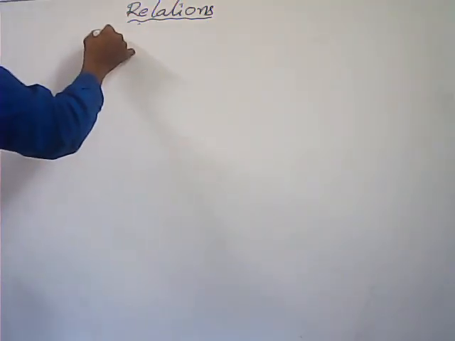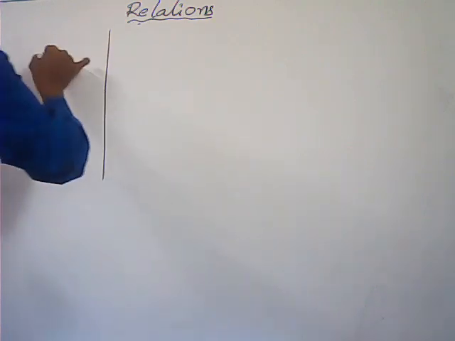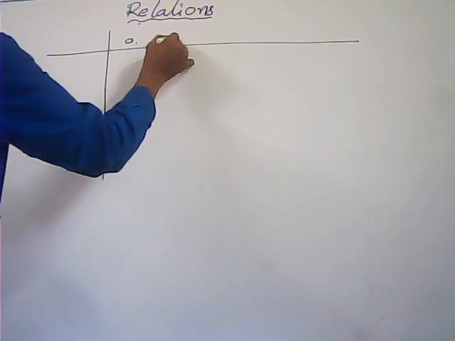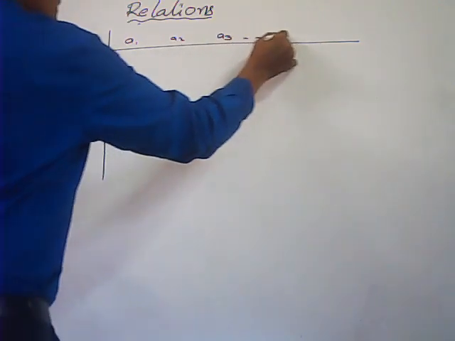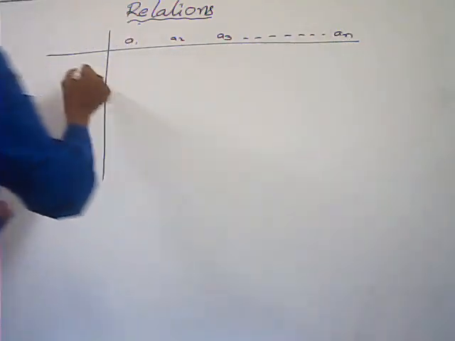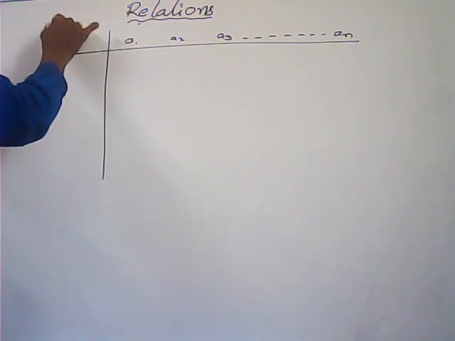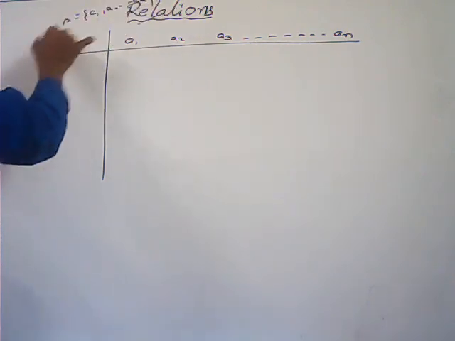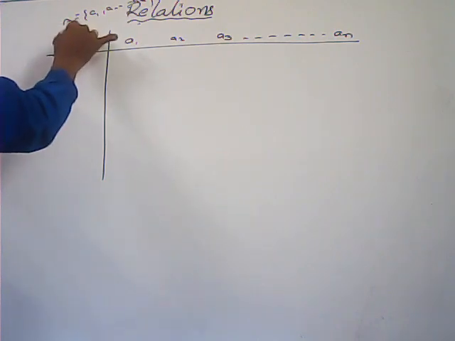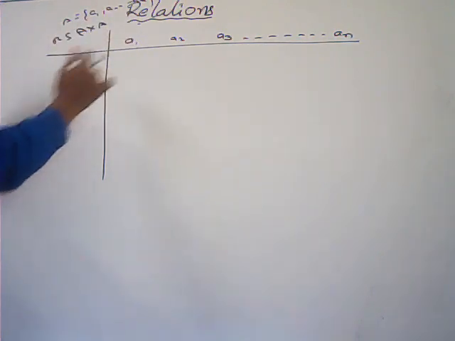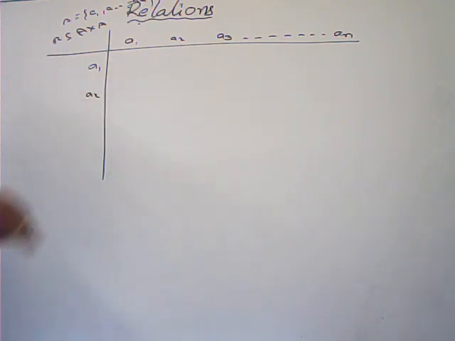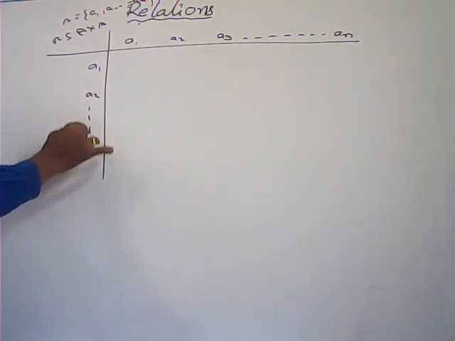Now, a set contains n elements. I am taking A1, A2, A3, so on An. So R must be a subset of A cross A. To get the A cross A, here also I am writing the same elements A1, A2, so on An.